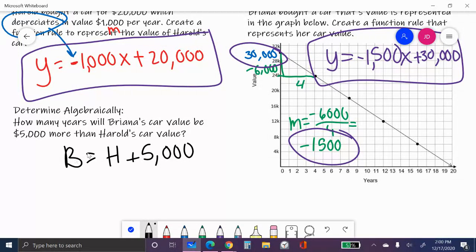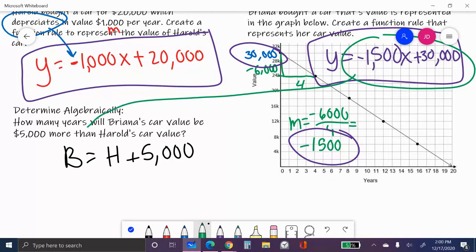Okay, Brianna's car, we want to figure out when that is $5,000 more than Harold's car. So Brianna's car is this function right here, right? So we're going to take this and plug it in, or not that whole thing, just the expression part. We're going to plug that into Brianna's side. So we have negative 1,500x plus 30,000.